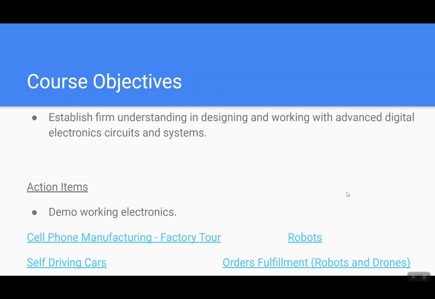So, what are our course objectives? The course objective is to establish a firm understanding in designing and working with advanced digital electronic circuits and systems.